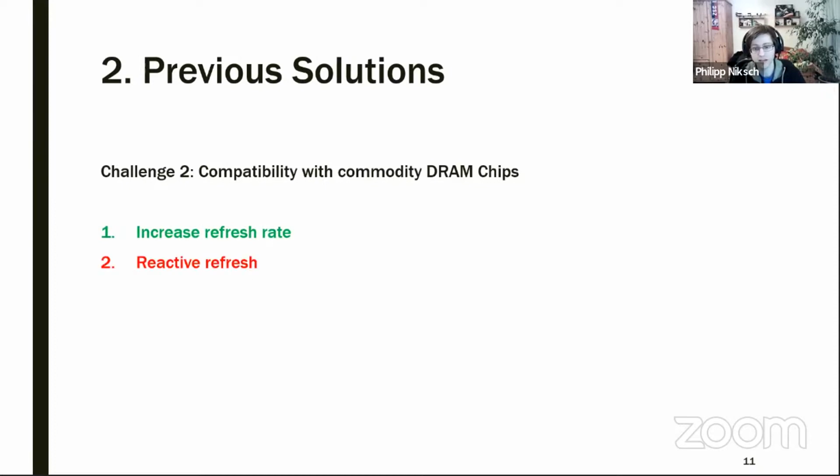In order to reactively refresh potential target rows, however, the system needs to know which memory rows are physically next to each other. This knowledge is also required to put buffer rows in between different memory regions. And lastly, throttling the accesses to same memory rows also works without knowing the memory layout.